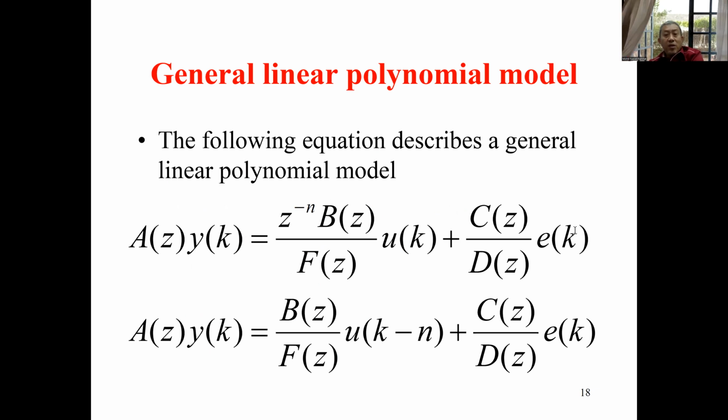So the following equation describes a general linear polynomial model. A(Z) Y(K) is equal to Z to the power of minus N, B divided by F, U(K), plus C divided by D, E(K). Or we can write it as A(Z) Y(K) equals B over F multiplied by U(K minus N), plus C divided by D multiplied by E(K).